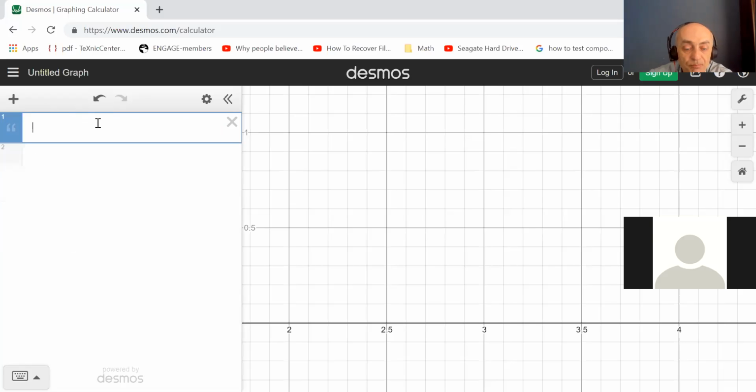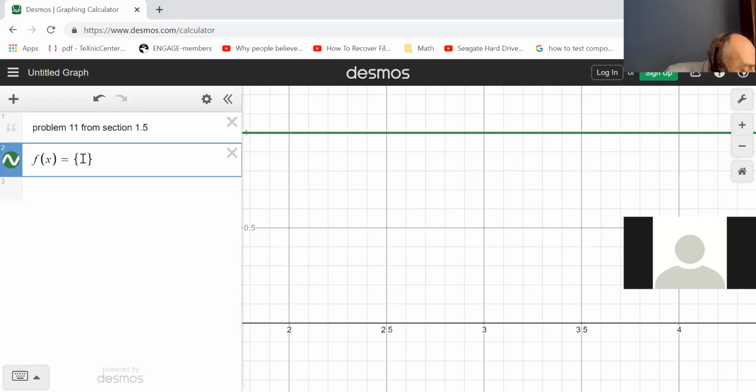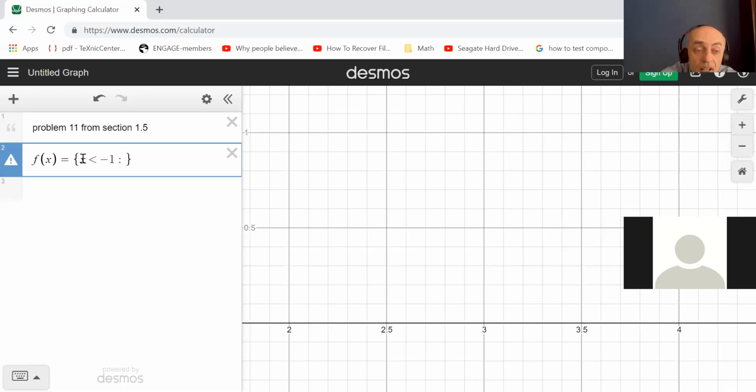I'm going to say here, this is problem 11 from section 1.5. We do problem 11, and over here I'm going to define the function, and I'm just going to copy the formula from the book. So the function is this one, 1 plus x if x is less than -1. Again, remember the condition x is less than -1 comes first, then you put a colon, and you say the formula, which is 1 plus x.